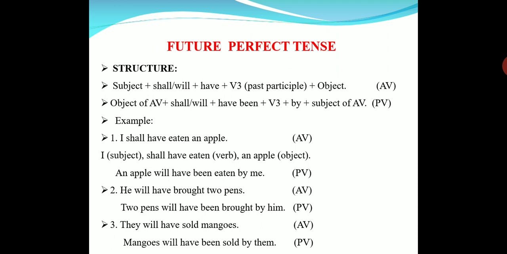Let's see one more example. He will have brought 2 pens. He is the subject. Will have brought is the verb part. 2 pens is the object. Let's make the object the subject. 2 pens.